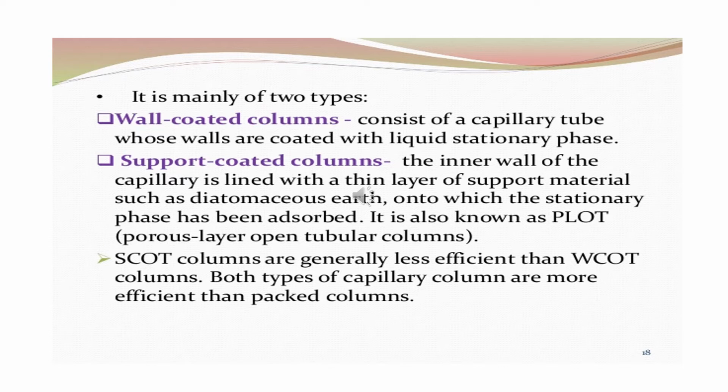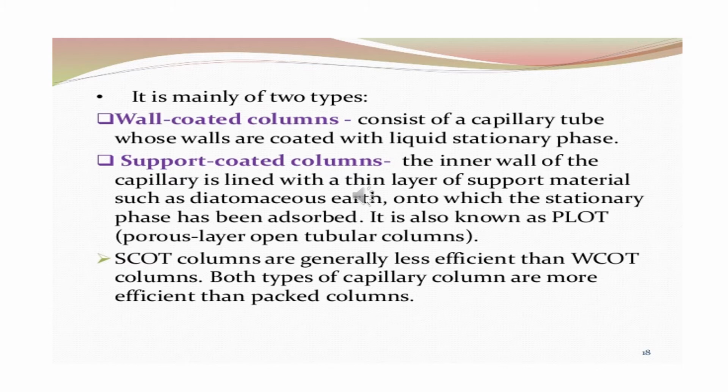It is mainly two types, wall-coated column and support-coated column. Wall-coated column consists of capillary tube whose walls are coated with liquid stationary phase. Support-coated column, the inner wall of the capillary is lined with a thin layer of support material such as diatomaceous earth, on top of which the stationary phase has been adsorbed.